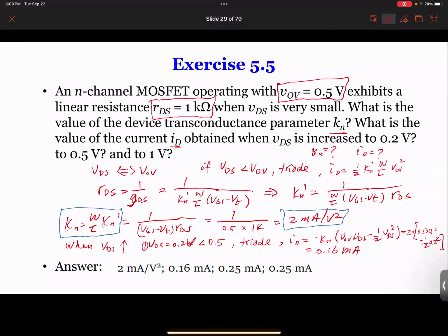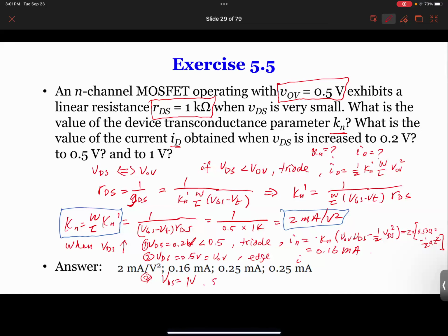So that's one. For number two, VDS equal to 0.5 volts, which is equal to VOV. So therefore, it is at the edge. And of course, the third option is VDS equal to 1 volt.